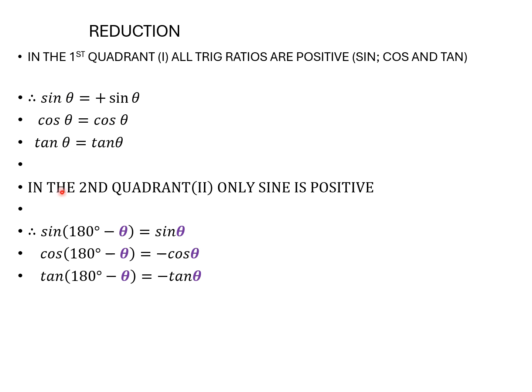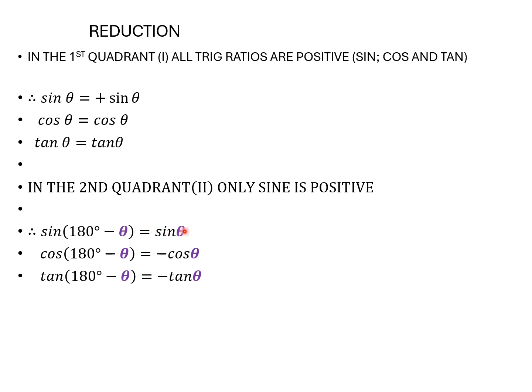If I'm working in the second quadrant, remember only sine is positive. So if I give you sine of 180 minus theta, we need to know that it is the second quadrant. In the second quadrant sine is positive, so it becomes sine theta. So I'm reducing this angle to an acute angle. Remember the theta here represents an angle that's less than 90 degrees.